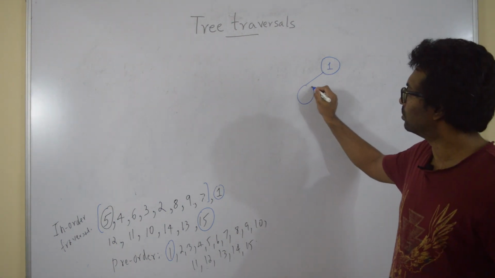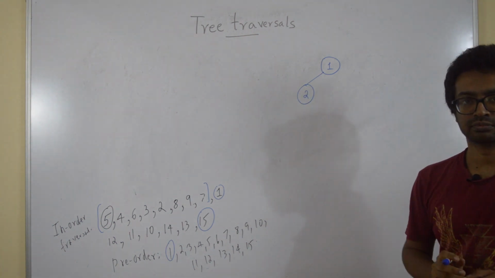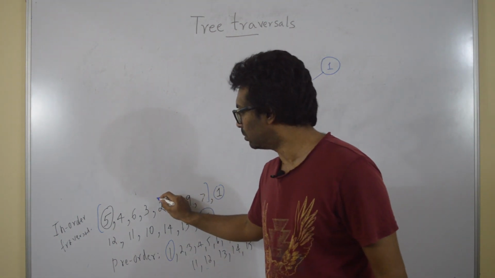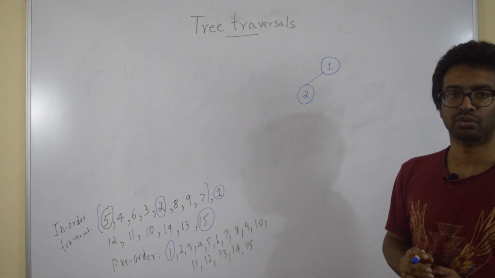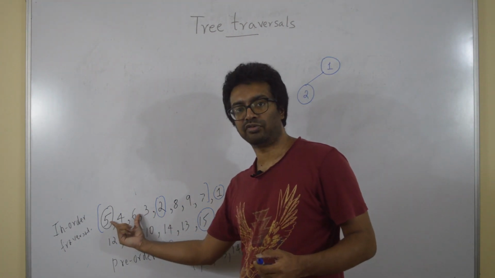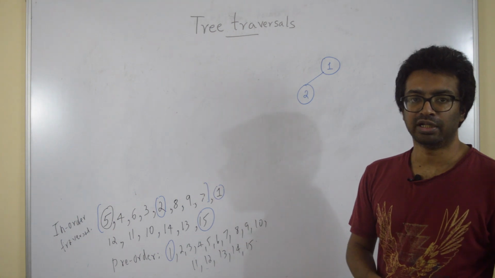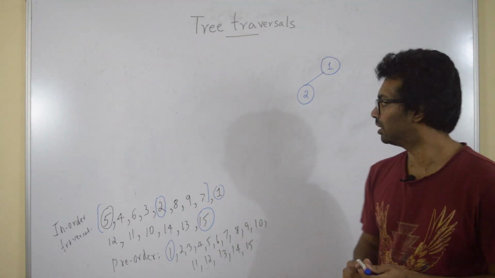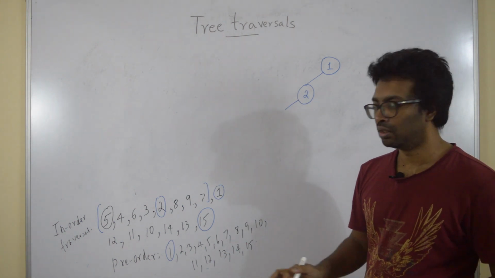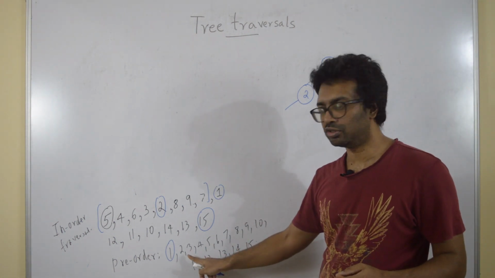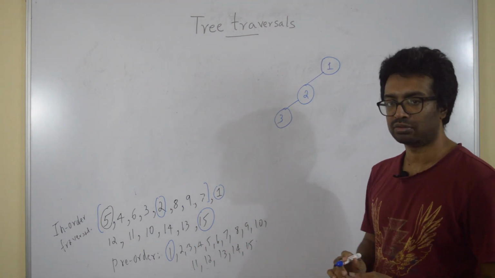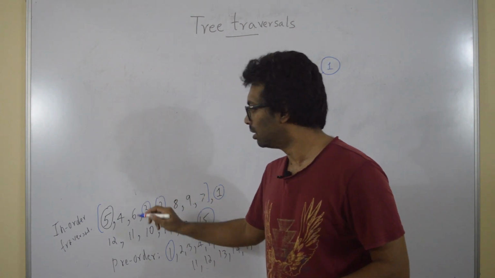This number has to be 2. So I know I'm here at 2. And I know the following thing. All these numbers should appear on the left of 2 and all these numbers should appear on the right of 2. So I know that there is something on the left. If there is something on the left, it should be printed after 2. So it has to be 3 here. So I am here at 3.